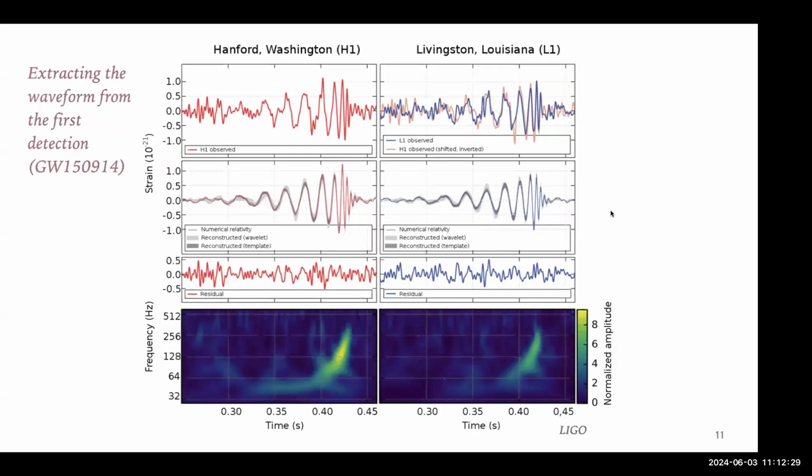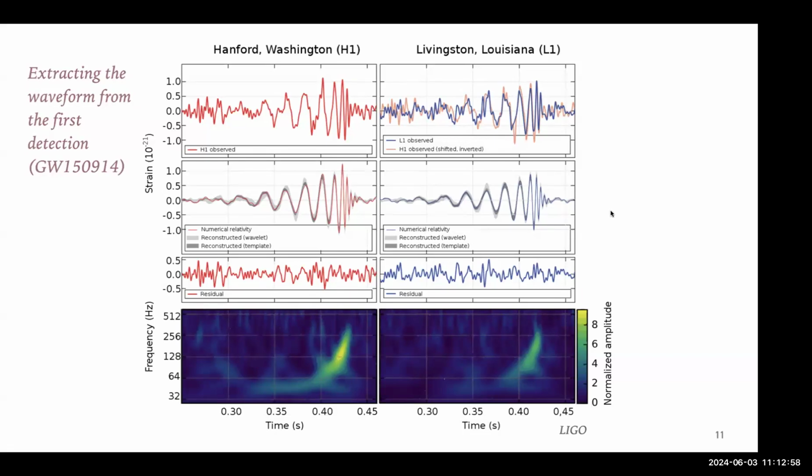All right, so this was the first ever detection, GW150914, in Livingston on the right and Hanford on the left. And you can see the initial noisy data up top. And then the second panel shows it fitted with, or overlaid with, some gravitational wave templates. We've got the numerical relativity as the solid line, red on the left, blue on the right.